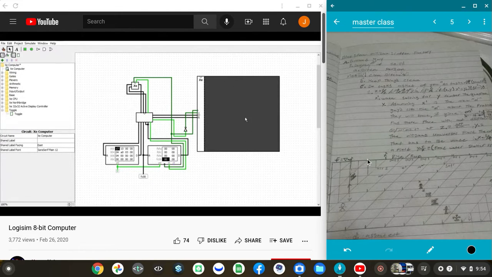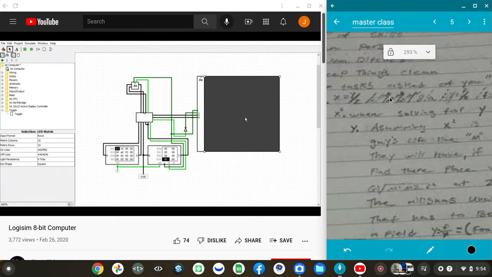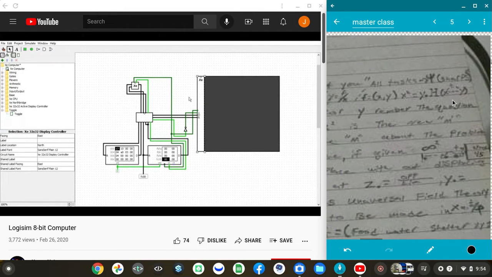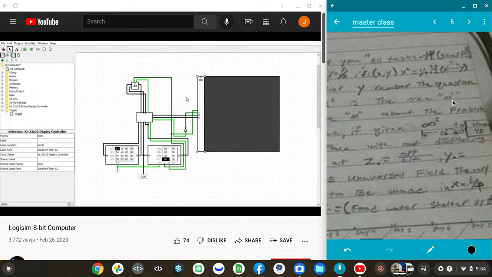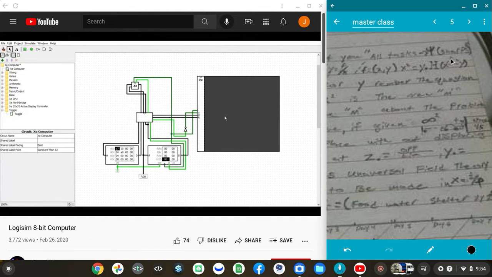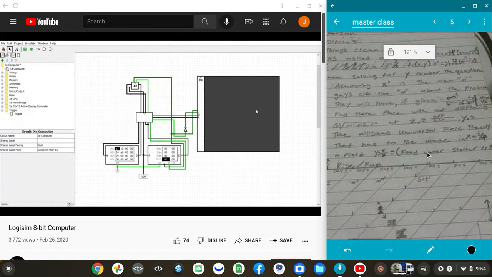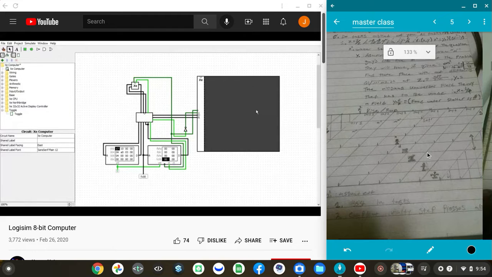And this right here is a 32 by 32 LED matrix, and it's all off right now. And this right here is a ZE 32 by 32 display controller. It basically controls this display. You can see that it's only got a few inputs, yet it controls this whole thing, and I'll get to how stuff like that works later.